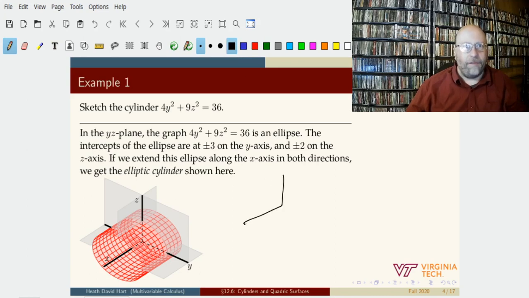Draw your axes. Plot the y-intercepts and the z-intercepts. They were at +2 and -2 on the z-axis.